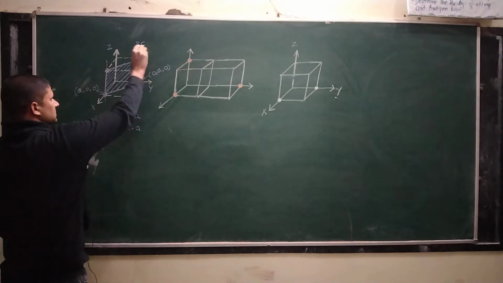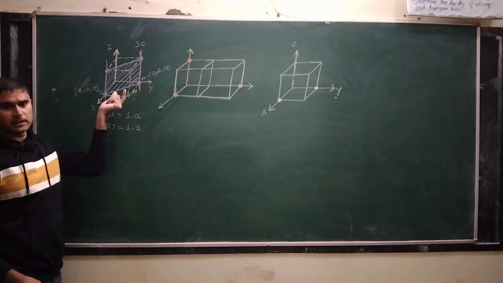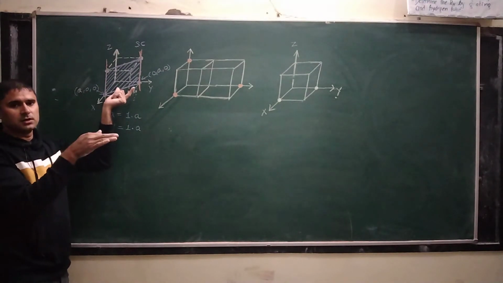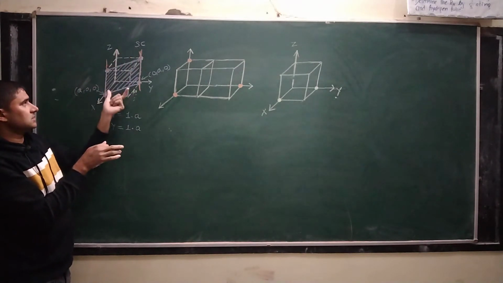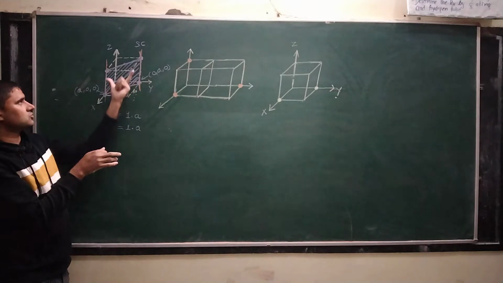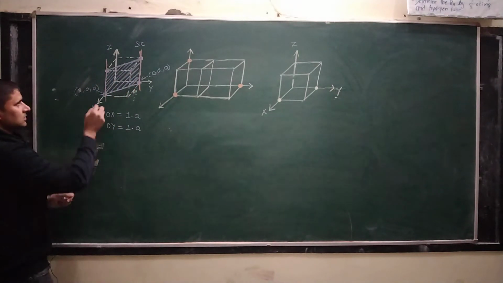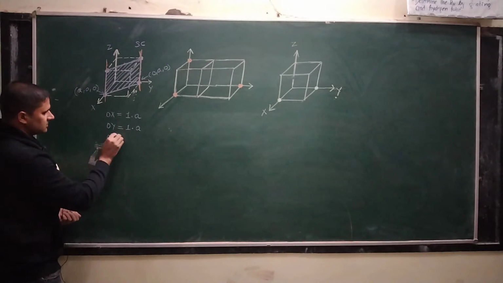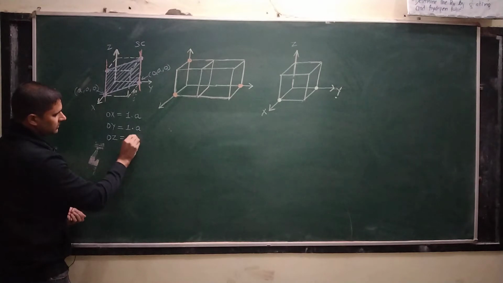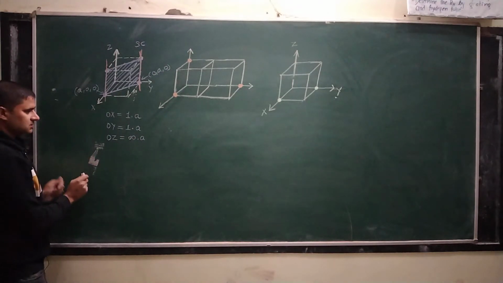So whenever two sides are parallel to any one crystal axis, then that particular plane will not cut that axis. So here the z axis is not cut because the two sides are parallel to the z direction. So I can take that the z axis is cut at infinite distance times A. So this is the first step.